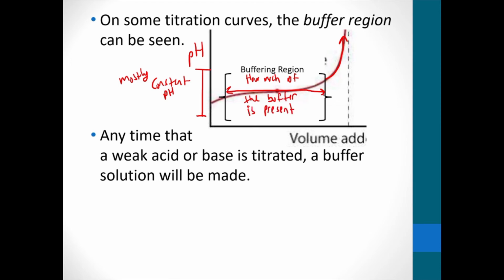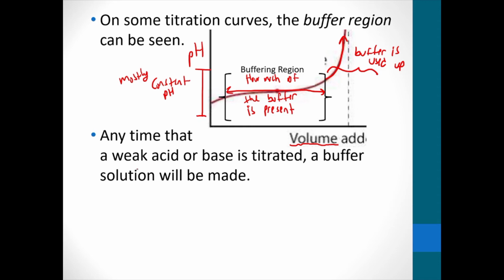The more buffer we have, the bigger this pH range, or the longer this range will be, because we'll have to add more volume in order to cause it to spike up here. At this point, the buffer is used up. Okay.